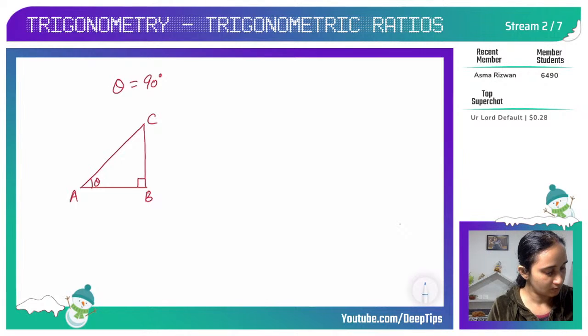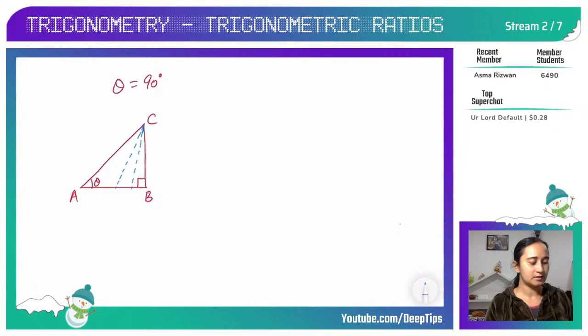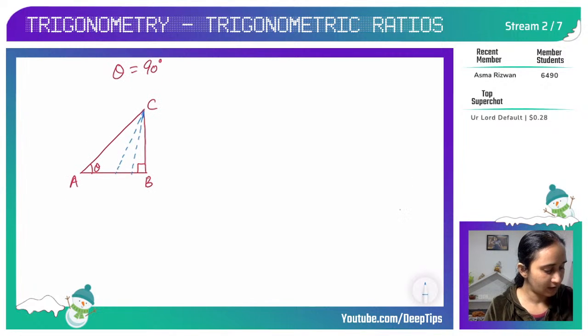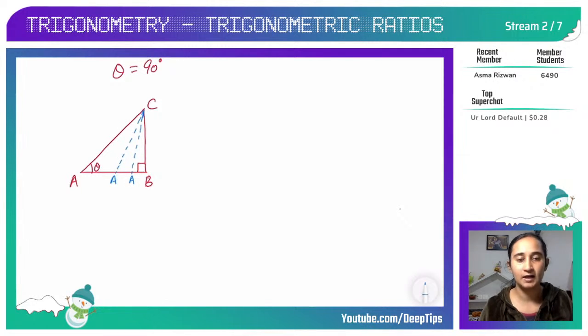If I bring this theta over here, then my C becomes smaller and this theta becomes bigger and bigger. You can clearly see that when I am moving my theta towards B, towards 90 degrees, the length of AB is decreasing and angle C is also decreasing, correct?